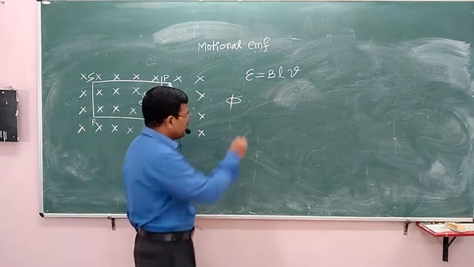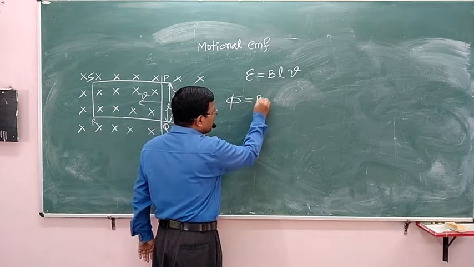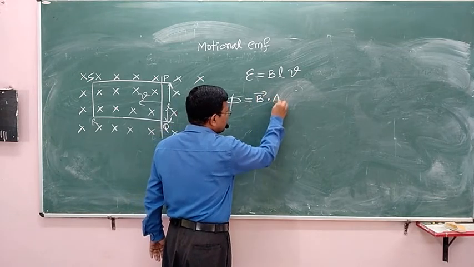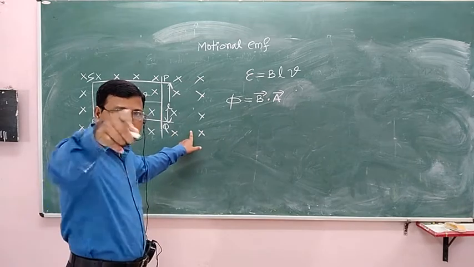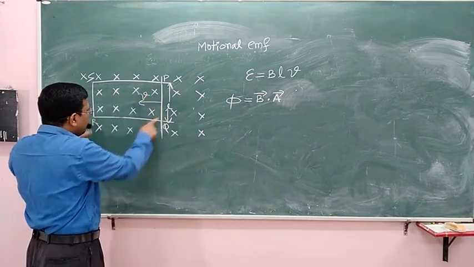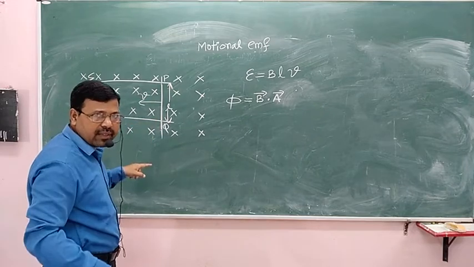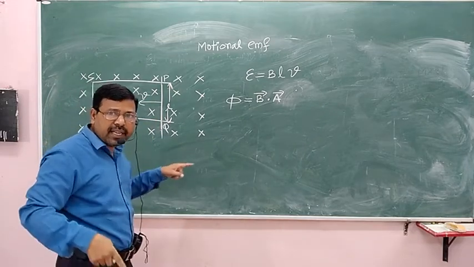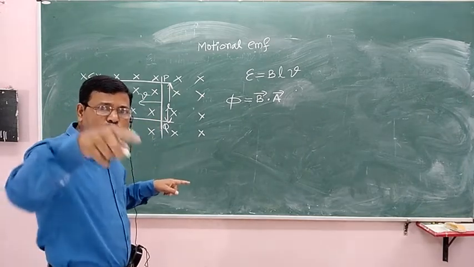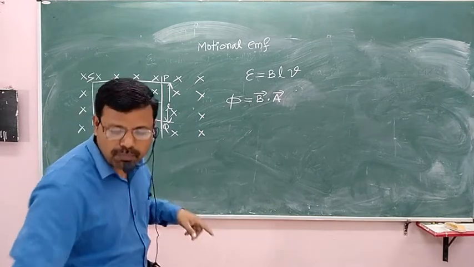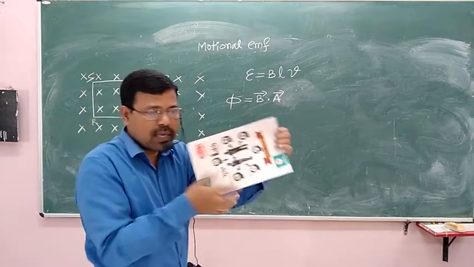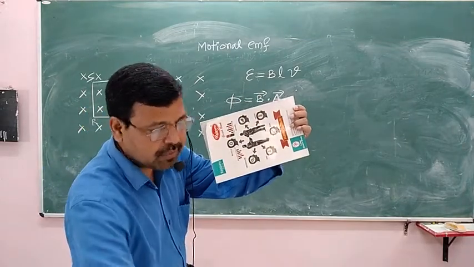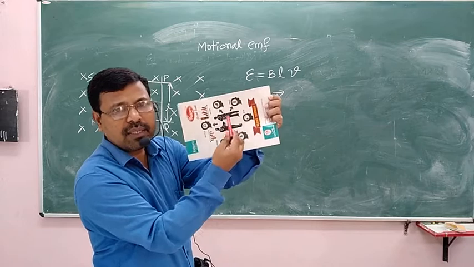Magnetic flux is the dot product of two vectors, B dot A. B is the magnetic field, A is the area of this rectangle, and that area is a vector quantity whose direction is always normal to the plane. Suppose you consider this is a rectangle and this is the area vector.